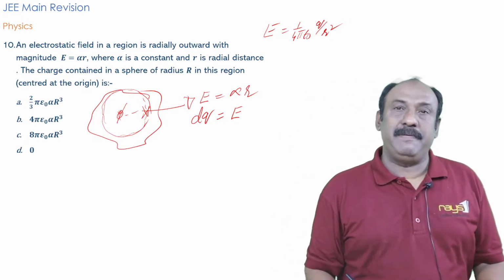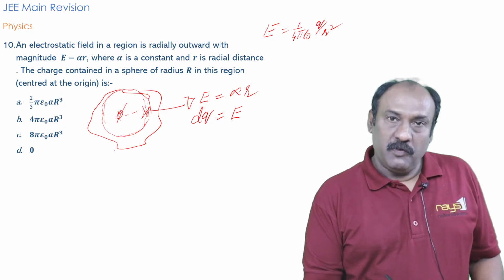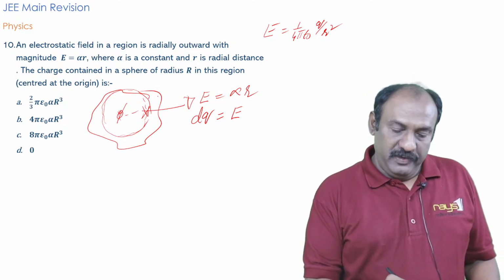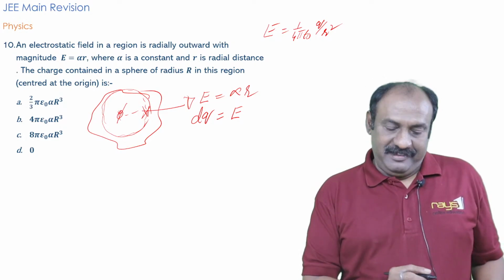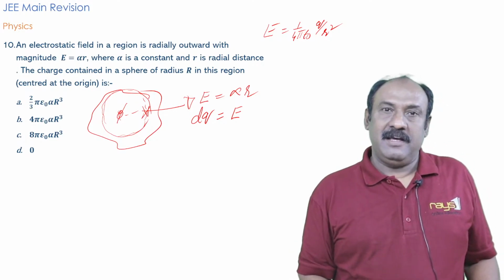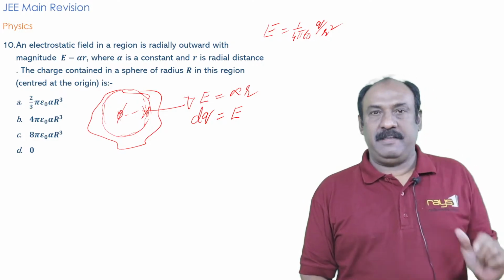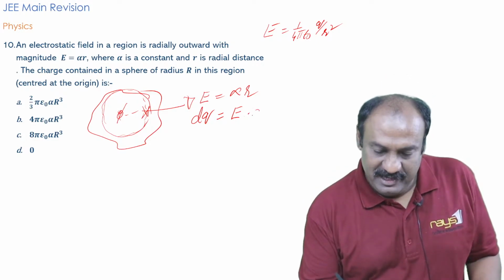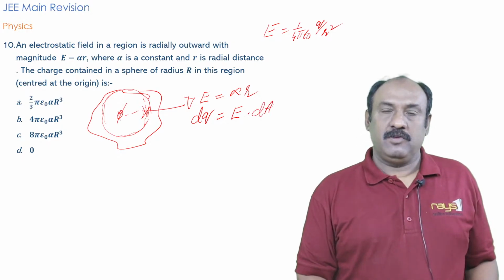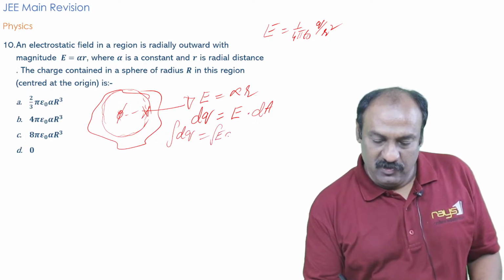But here, as the area increases from the center radially outward, the charge in the elemental strip of that area is represented as E into dA. So the total charge is the integral of dq equal to the integral of E into dA.